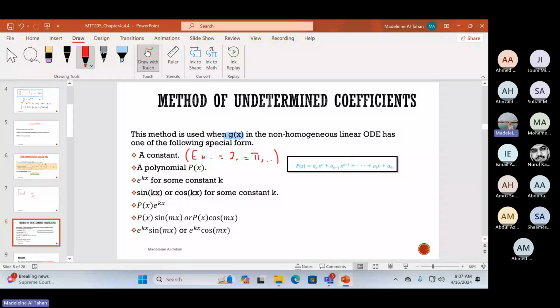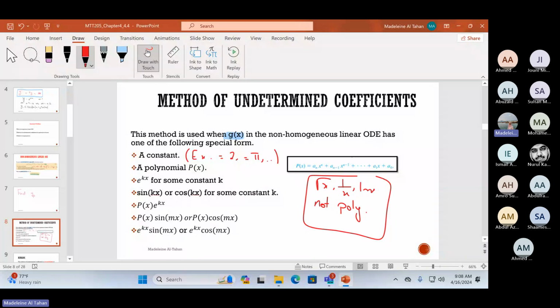Polynomial. What do we mean by polynomial? It means that we have x power something, and the powers are whole positive numbers. When we say whole positive numbers, it means like 1, 2, 3, 4. We cannot have, let's say, radical x. Radical x is not a polynomial. So for example, radical x, 1 over x, these are not polynomials.